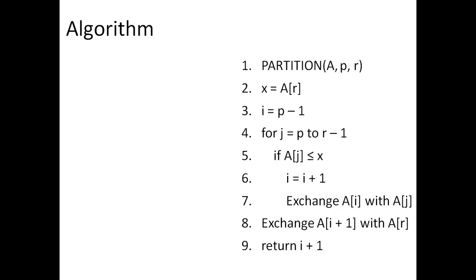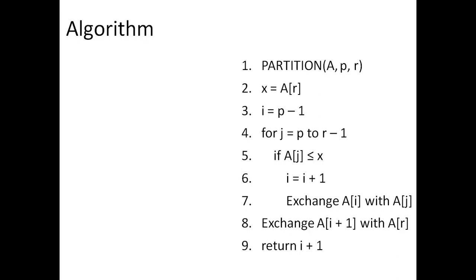So now, first, we will have a look at the partition procedure that will do the task of putting the pivot element at its correct position, and also it rearranges the other elements.